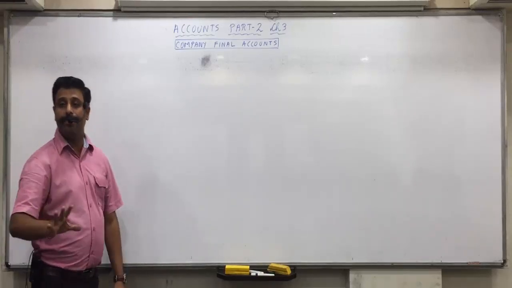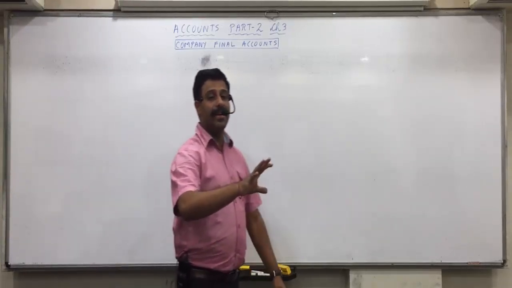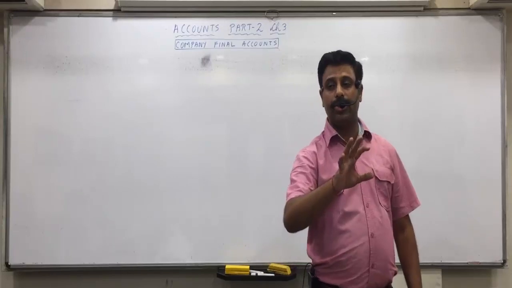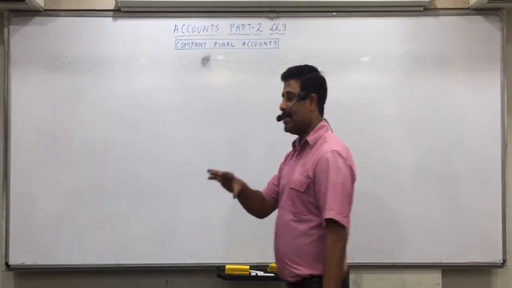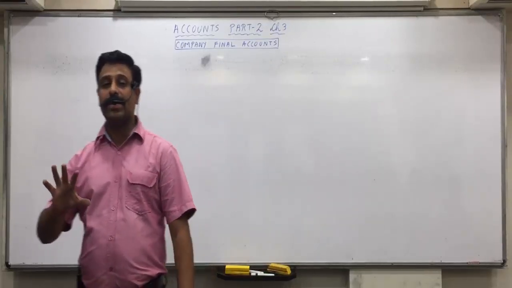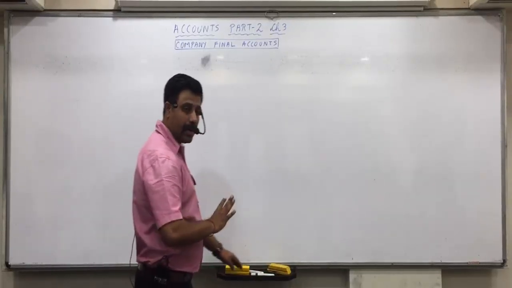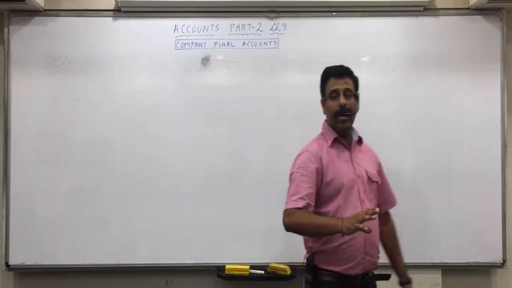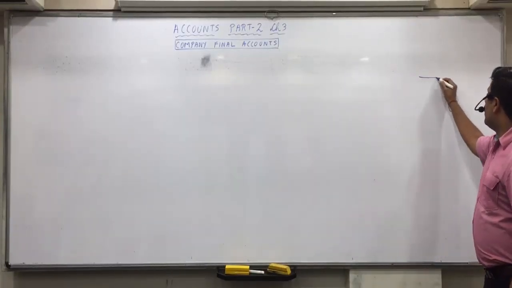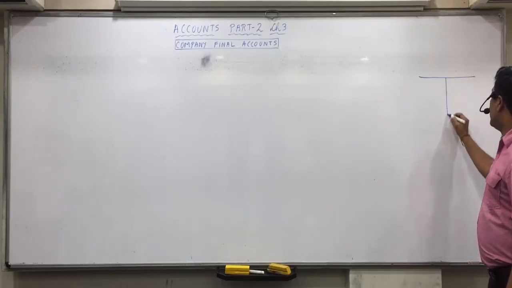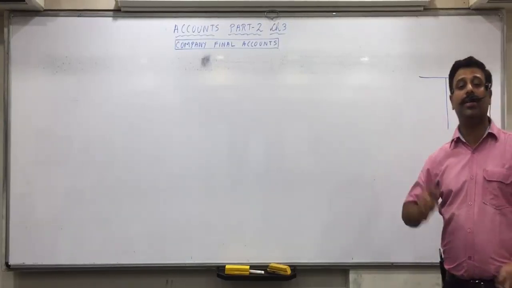Now listen everyone. In 11th standard, we studied sole proprietorship final accounts. Then in 12th standard part 1, we studied partnership final accounts. In both of these final accounts, we have been making P&L account and balance sheet in horizontal format.